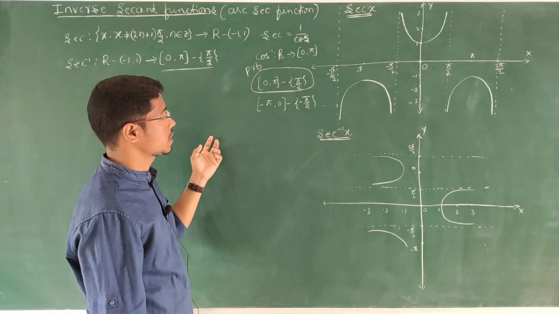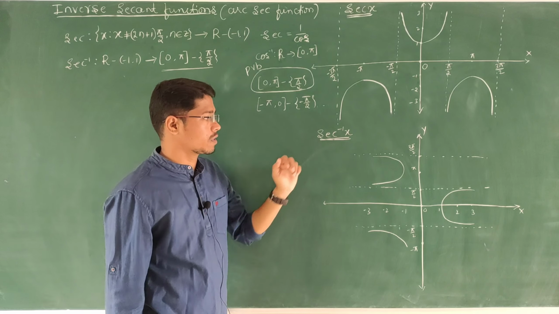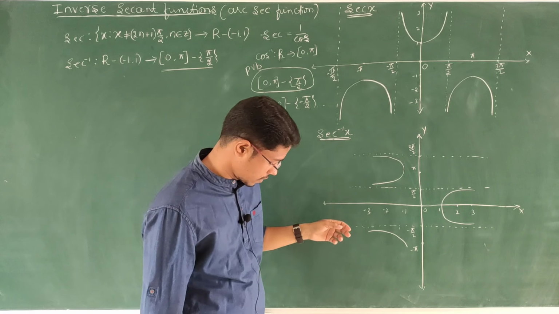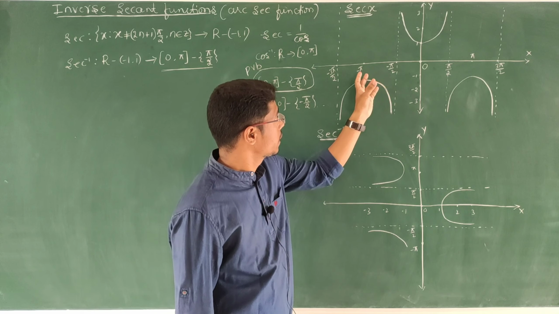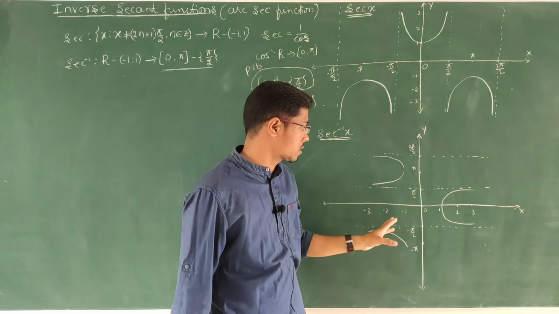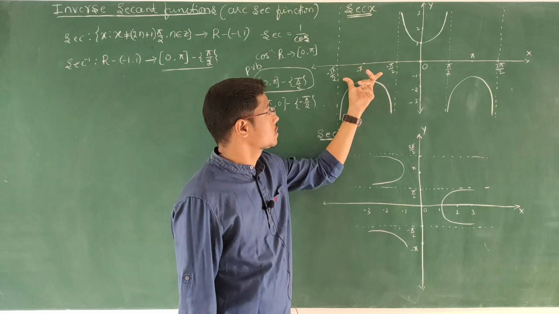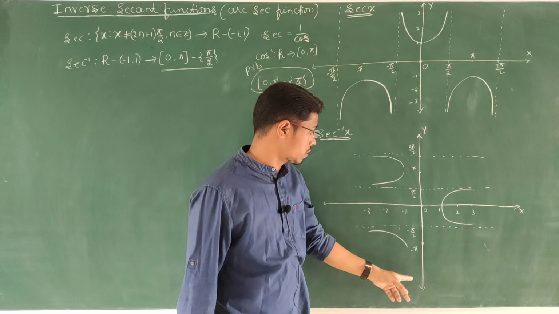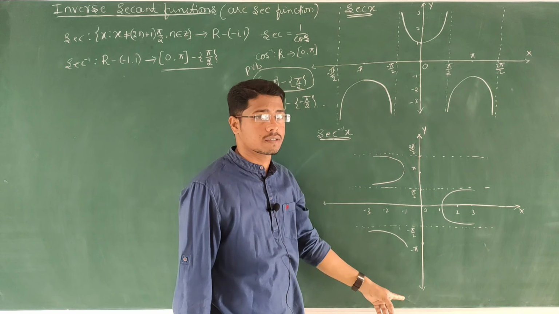Now see the sec inverse graph. For the sec inverse graph, just interchange the x and y axis values. The values 1, 2, 3 that were on the y axis I write on the x axis, and interchange the values on the y axis. Now draw the graph.